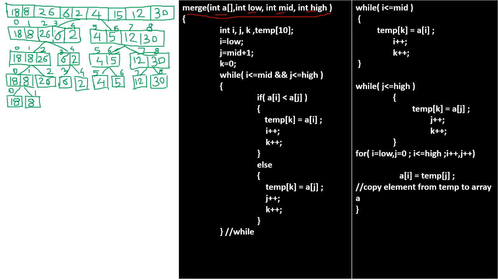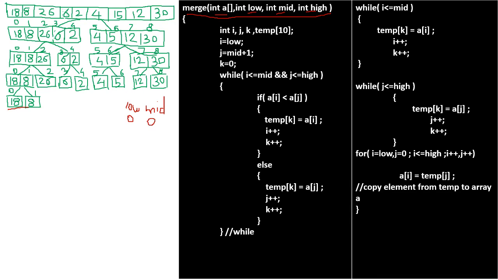Here, what is the low value? Suppose we consider this case, then the low value is 0 and the mid value is also 0, because when we get these values at that time mid is 0.